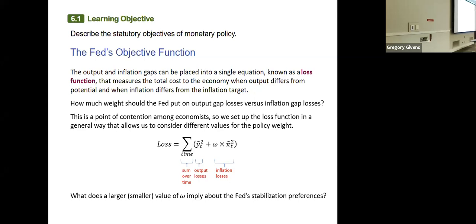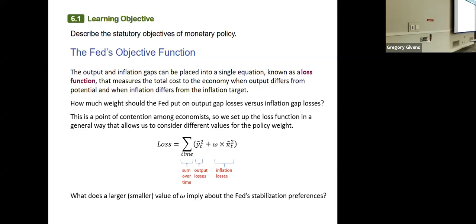Now, all of this, guys, may seem like just a theoretical exercise, but in truth, Federal Reserve officials, in the course of their FOMC meetings, are viewing the economy in this way.